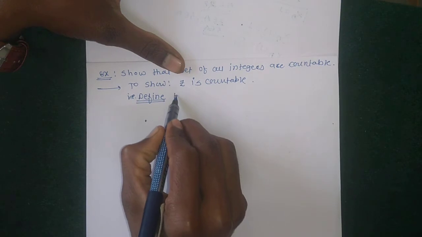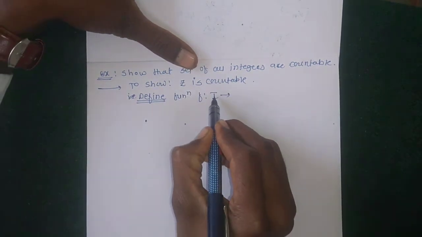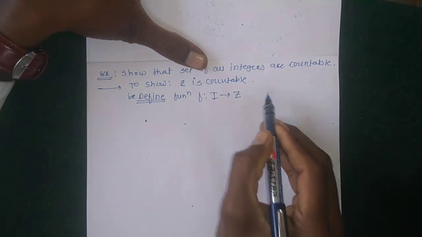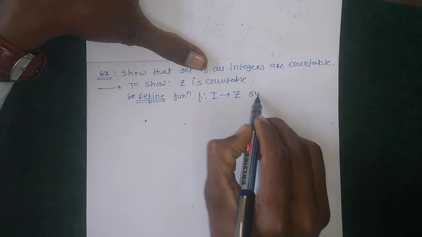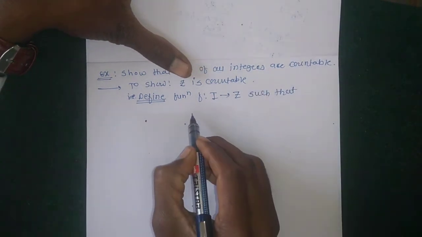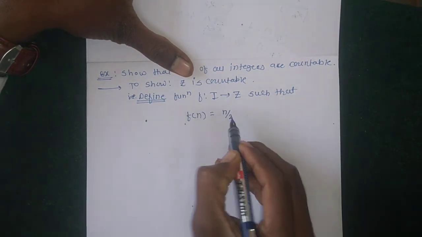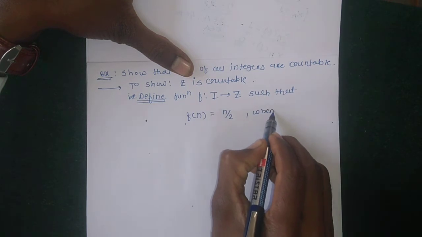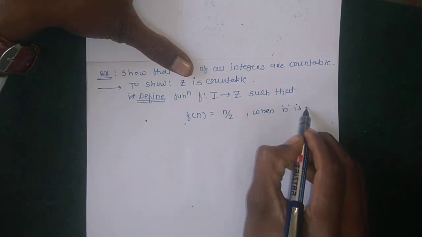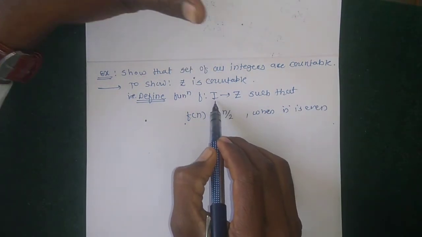Okay, define function f from the set of all positive integers, the index set, to the set of integers Z, such that the map is of the form f of n is equal to n by 2, if n is even, since the index set starts from 1.